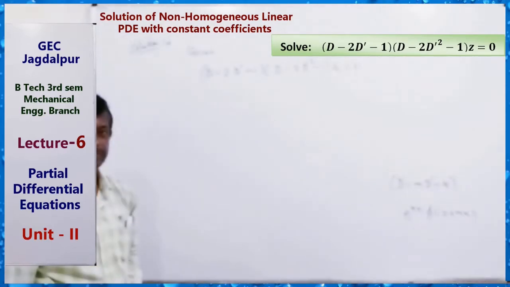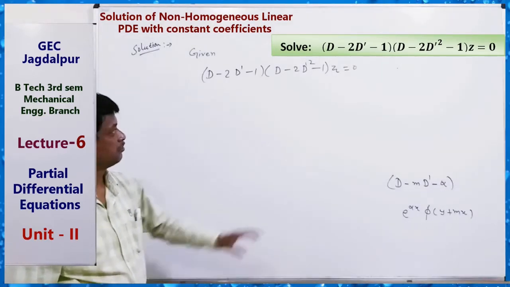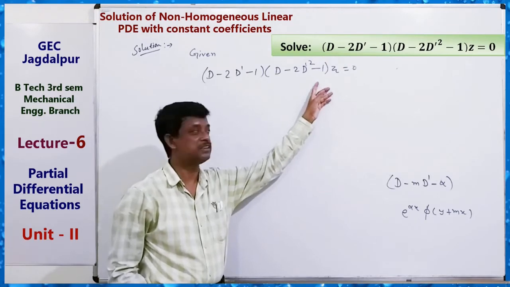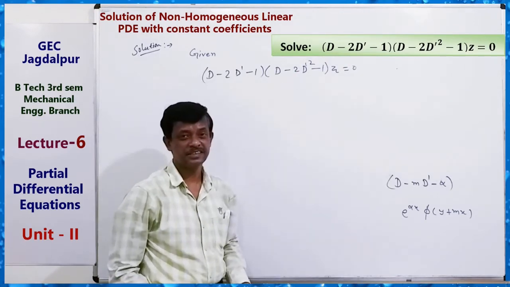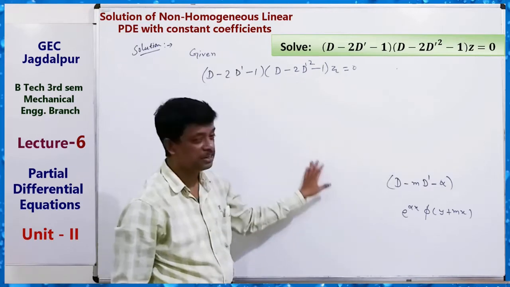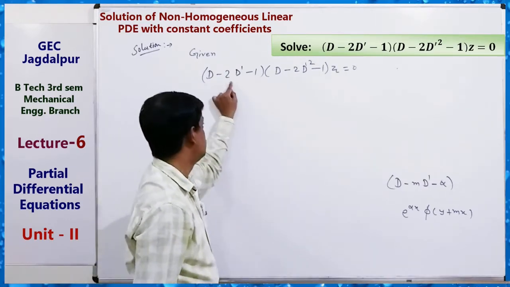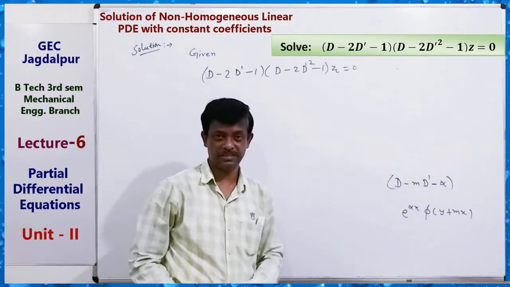Clear? This cannot be factorized as linear in D and D dash. So corresponding to this factor, how can you write CF?